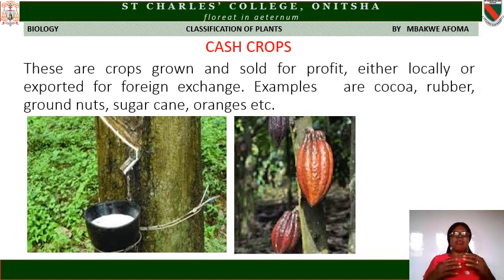Either you sell them locally or export for foreign exchange. We have such crops like cocoa. You can see them in the diagram. You see cocoa there, you see rubber, groundnuts, and the rest of them. So when you plant them, you sell them for money.